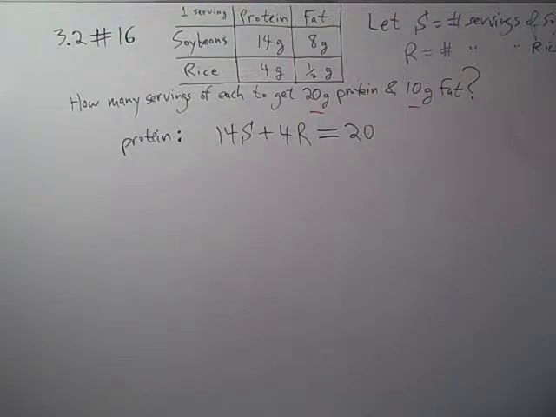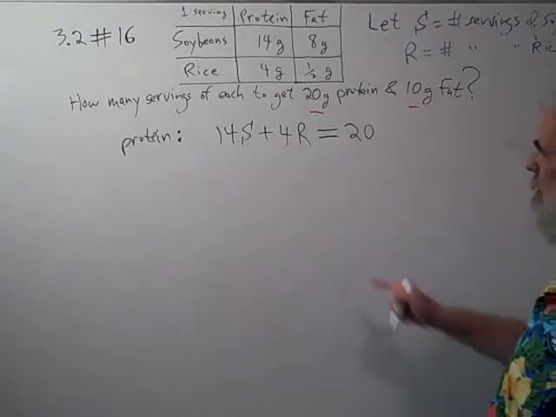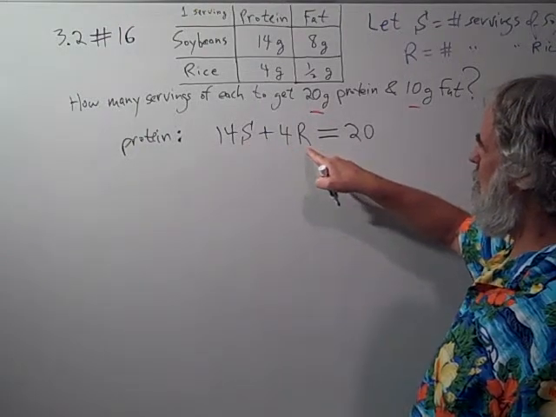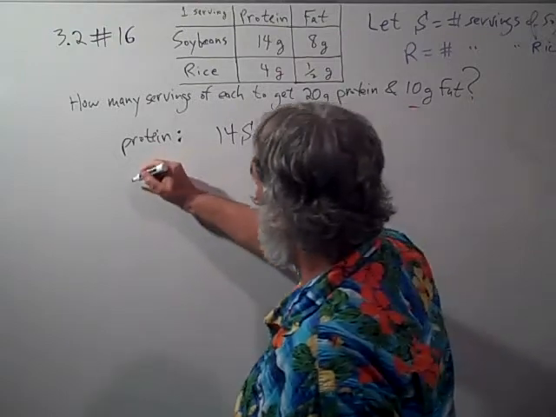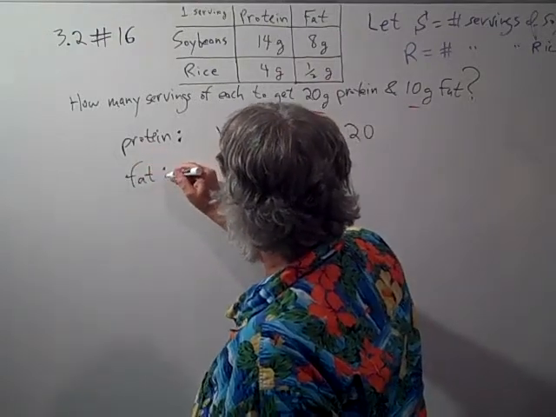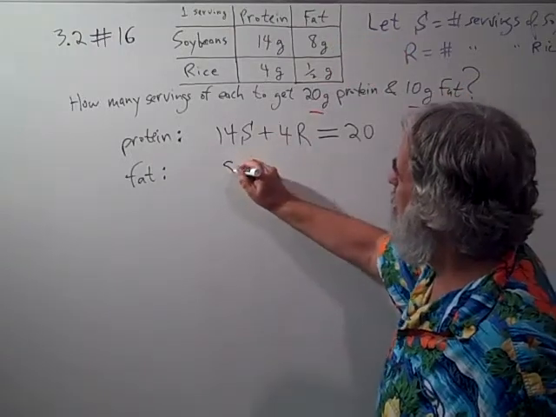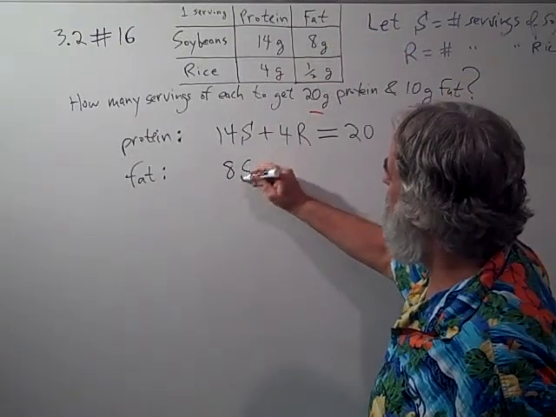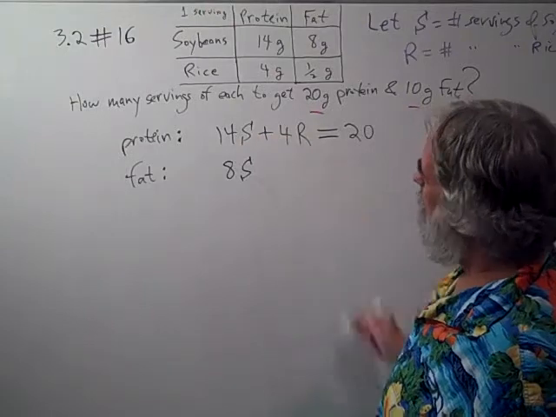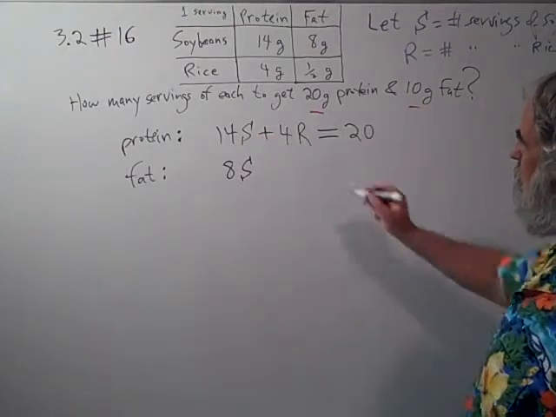Now we make another equation describing how much fat you get from S servings of soybeans and also R servings of rice. So the fat, there's 8 grams of fat in each serving of the soybeans, so 8 times S is how much fat are in S servings.